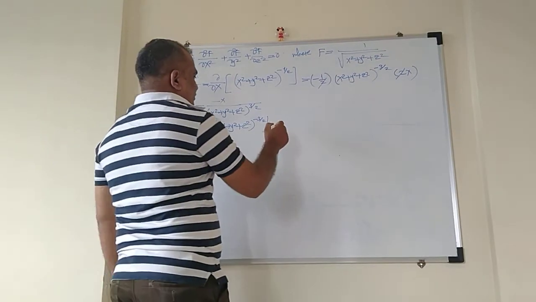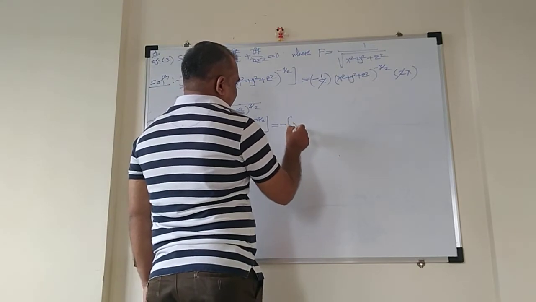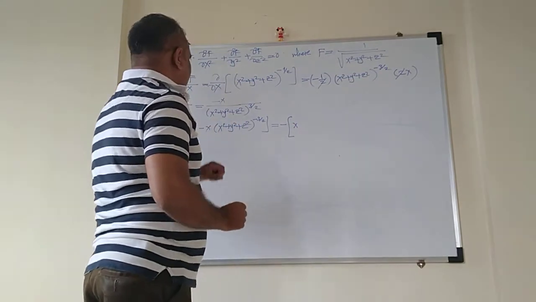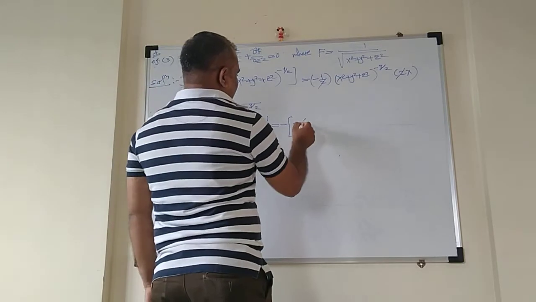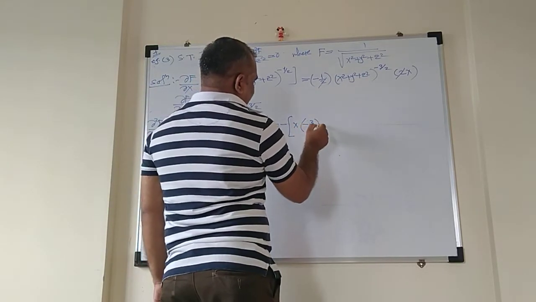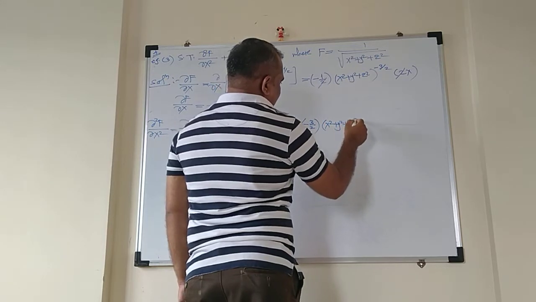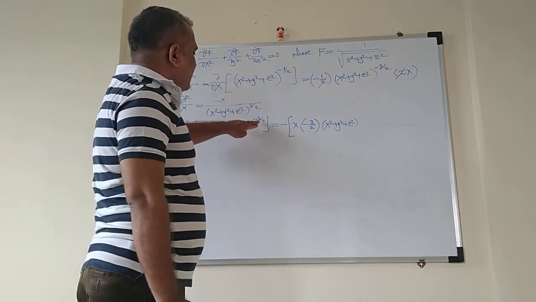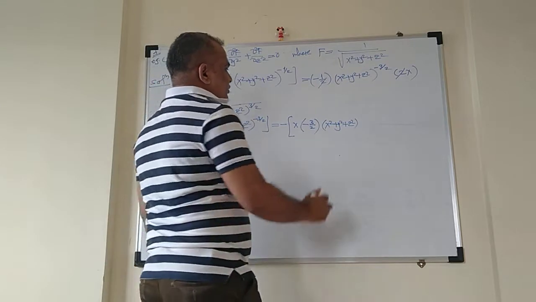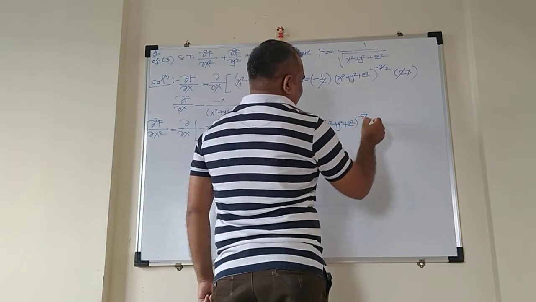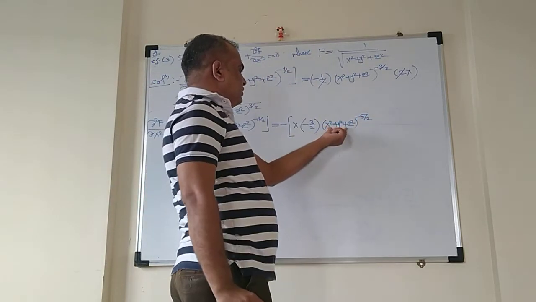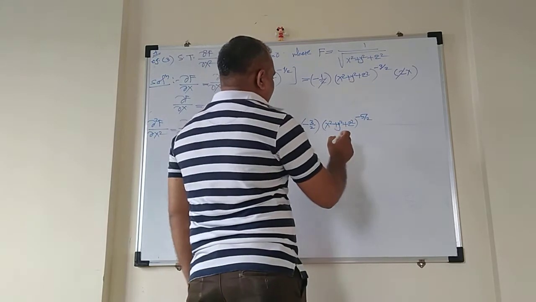So this will be minus, first function into the differentiation of the second with respect to x, which is minus 3 by 2 into x square plus y square plus z square raised to power minus 5 by 2, into the differentiation of this with respect to x, again 2x.